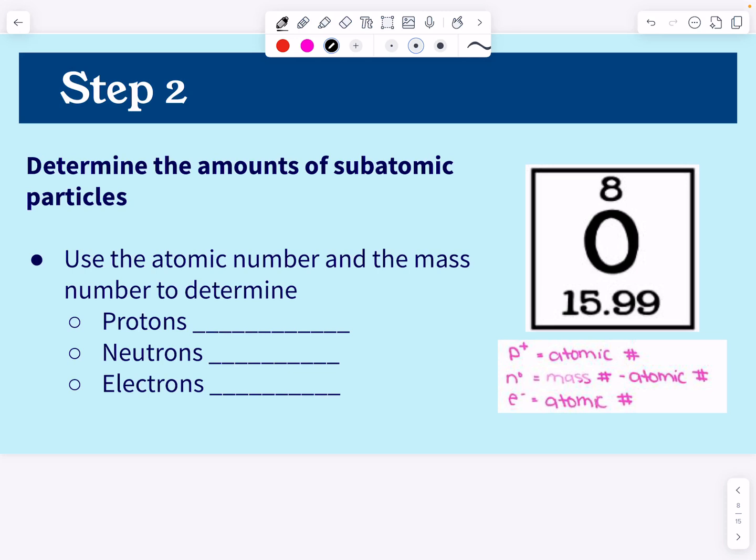Step 2, determine the amounts of subatomic particles. In our example here, we have oxygen. Our atomic number is 8, and our mass number, we're going to round up to 16.